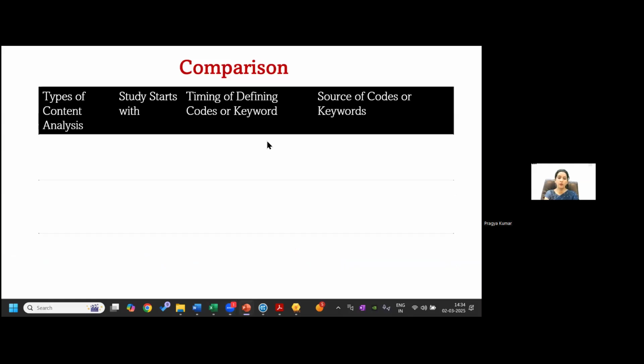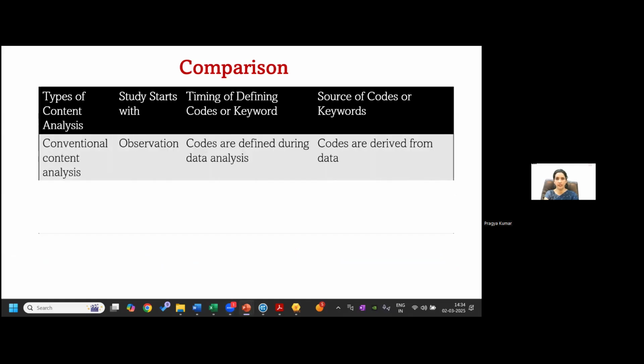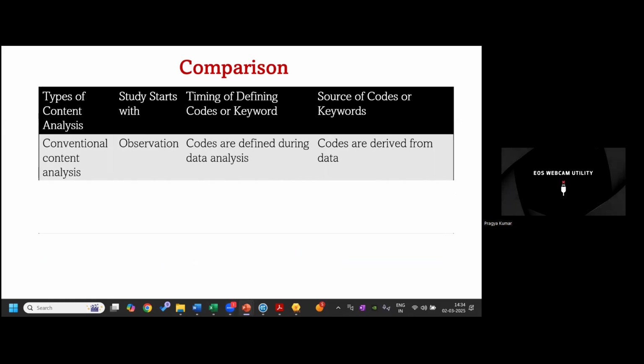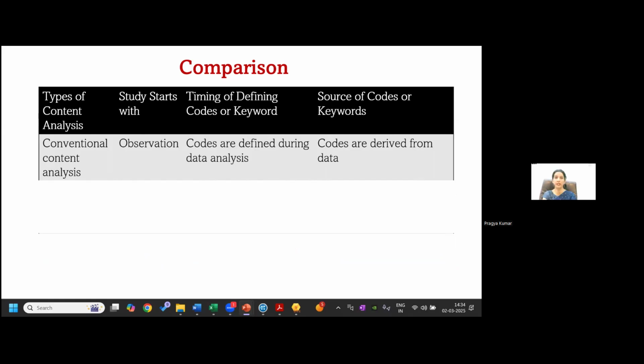But the way you have described your coding frequency, that is again your type of content analysis. In conventional content analysis, the study starts with observation, and generally the codes are refined during the data analysis. So codes are derived from the data, the way we have done for this communication barrier. So this is a conventional content analysis.